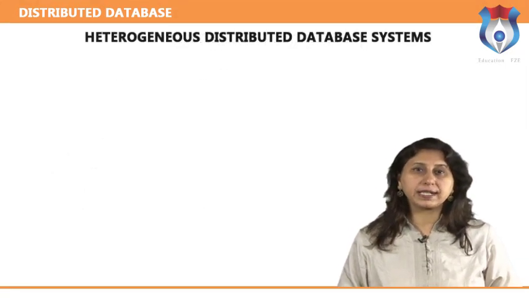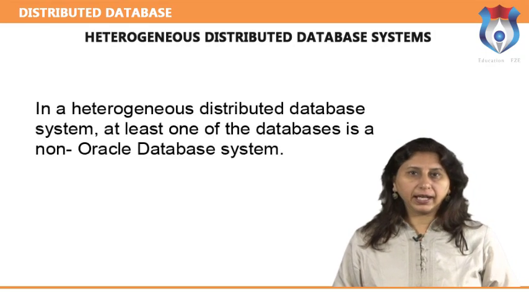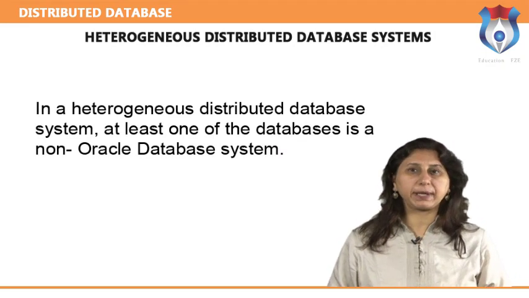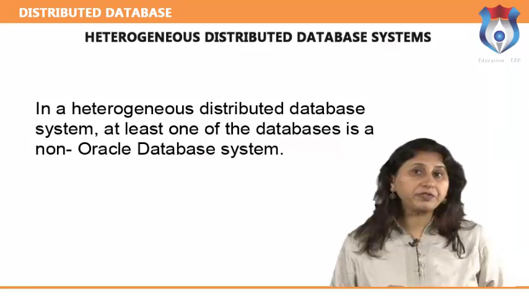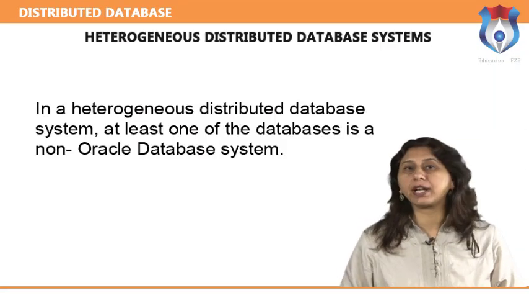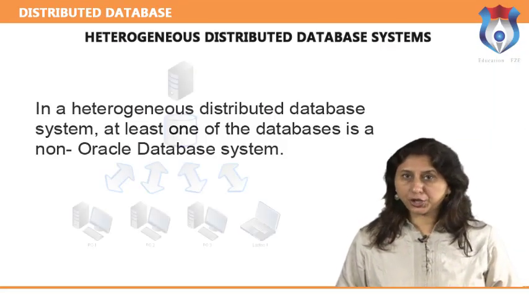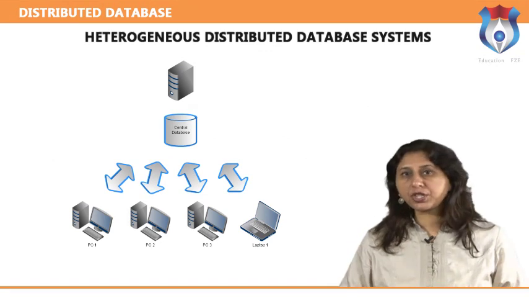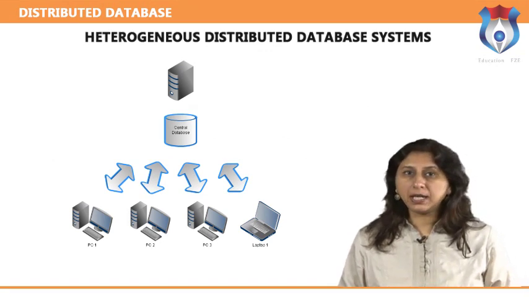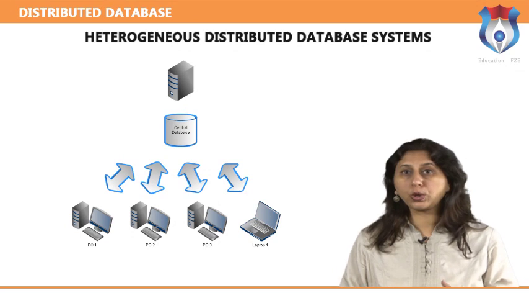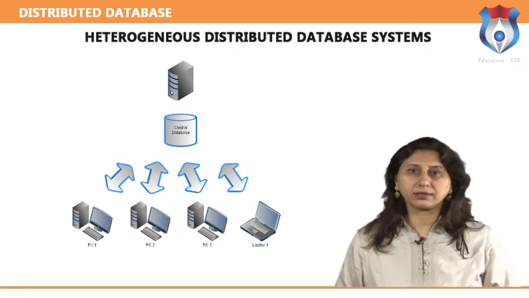Heterogeneous distributed database systems. In a heterogeneous distributed database system, at least one of the databases is a non-Oracle database system. To the application, the heterogeneous distributed database system appears as a single local Oracle database.